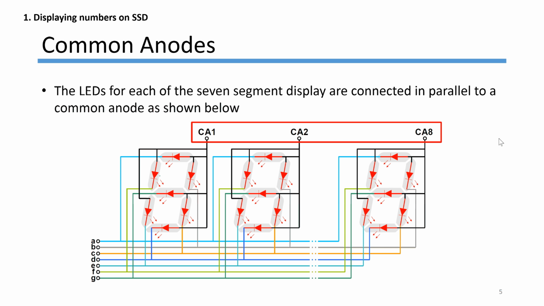For each of your 7-segment displays, the LEDs are connected in parallel to a common anode, as shown in this image. You can see that for each of these 7-segment displays, all the LEDs corresponding to each segment are connected to this common anode.